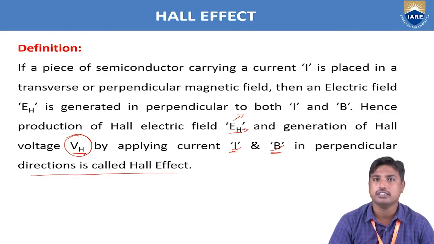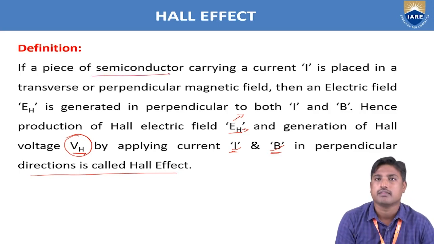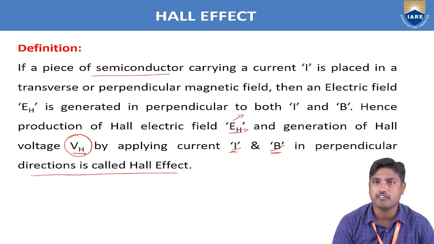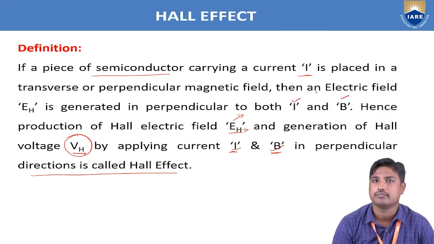Again, see the definition. When a piece of material carrying current, whether metal or semiconductor, whatever it is, is placed in a transverse magnetic field while carrying current I, an electric field is generated perpendicular to both current I and magnetic field.